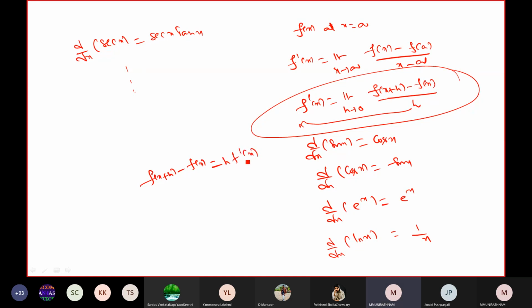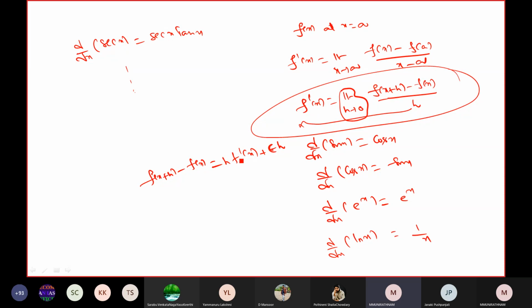And this is nothing but the limit of this value. That's why we add some epsilon of h, because this is a limiting value.